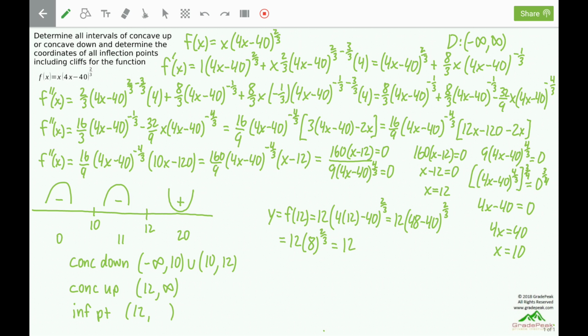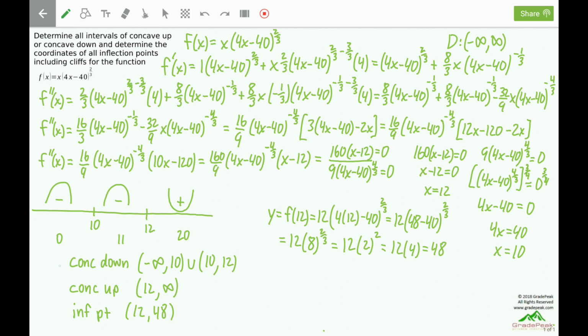So this will be 12 times 8 to the 2/3 power. The denominator of the fractional exponent is the root, so it's cubed root. Cubed root of 8 is a 2. And the numerator of the fractional exponent is the power, so it'll be 2 and then squared. 2 squared is a 4. 12 times 4 is a 48, and there's the corresponding y-coordinate for the inflection point.